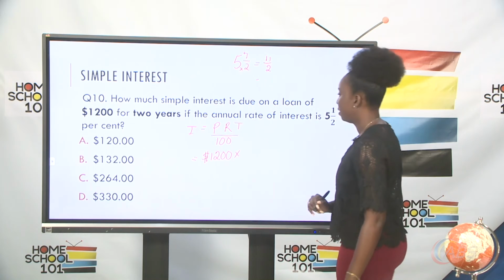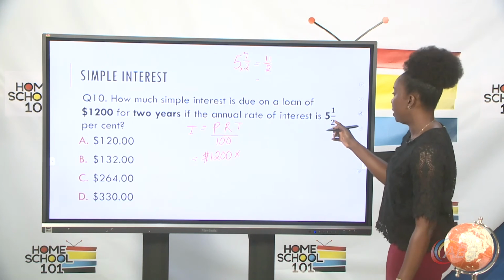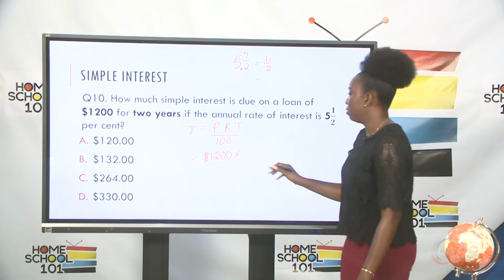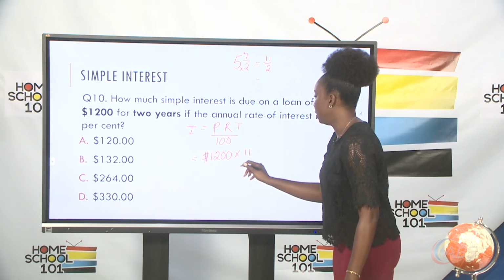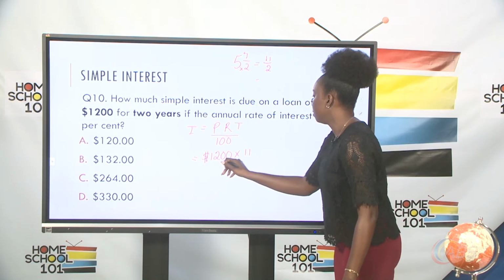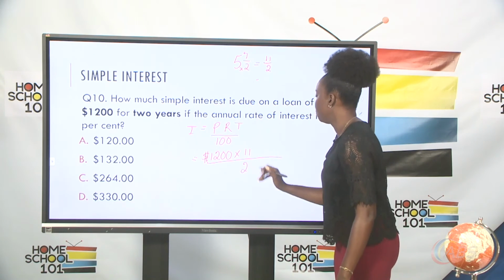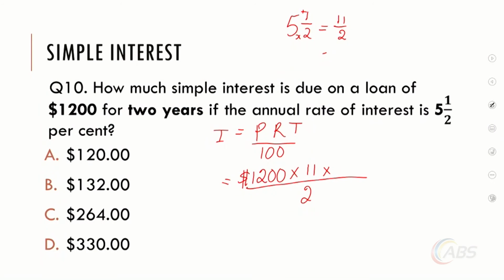Our rate, which we just changed from 5.5% to 11 over 2. So we're going to put 11 over 2 times our time, which is 2 years. And we know that it's divided by 100.